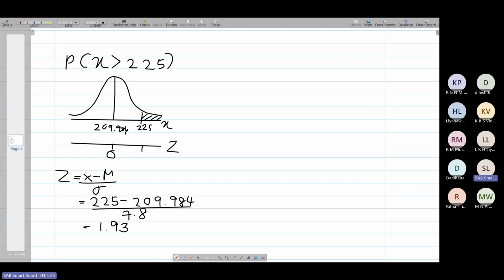Now we got a positive value. Why? Because the Z value is on the right hand side of zero.